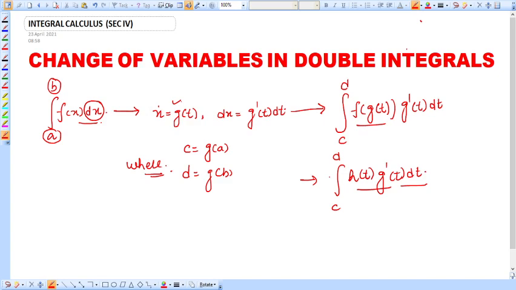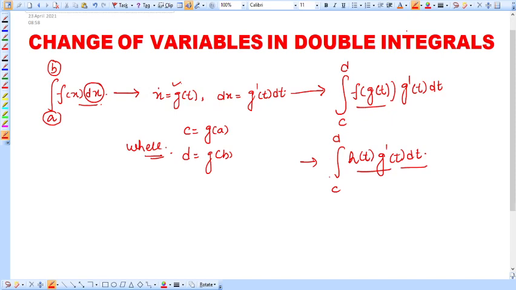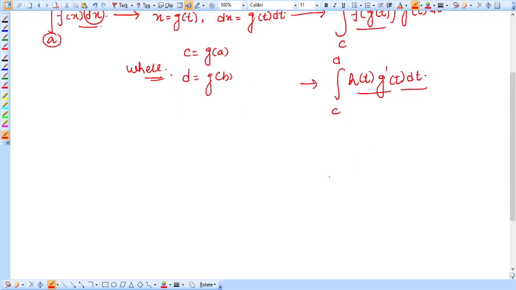So how do we change the variables in double integrals? Firstly, let me write the double integral.